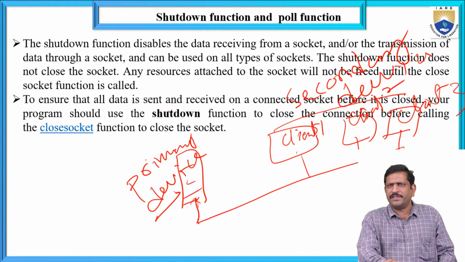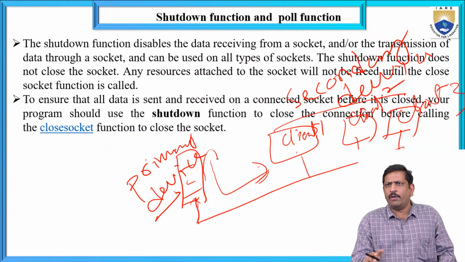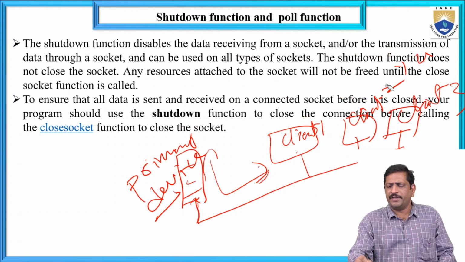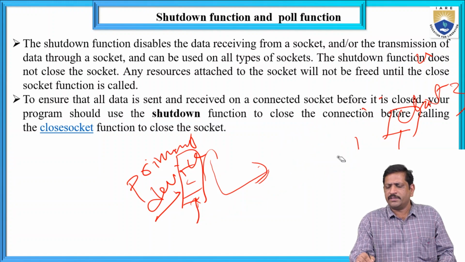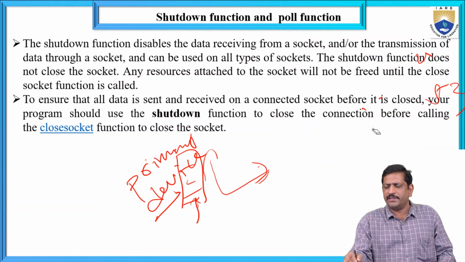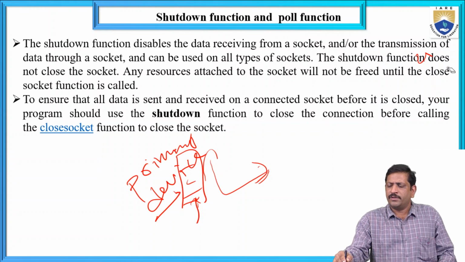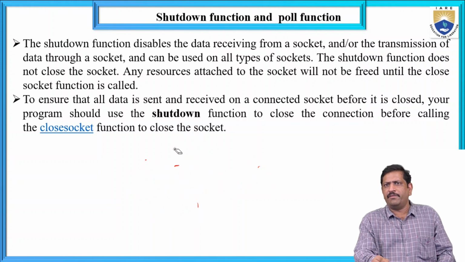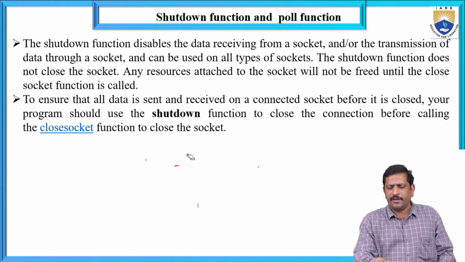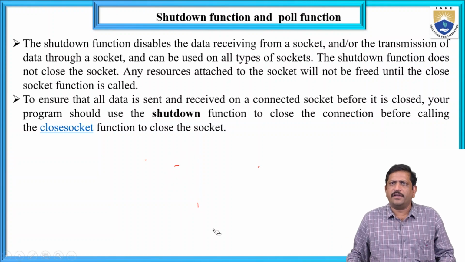Whatever services are provided from the primary device to the secondary device will stop. So this is about the shutdown function. Once the shutdown function is activated, we can't receive data from the primary device to the secondary device.